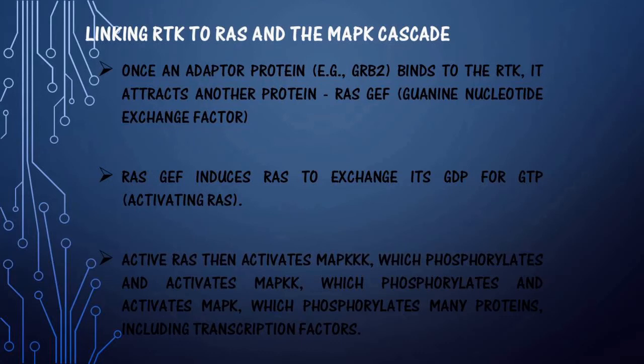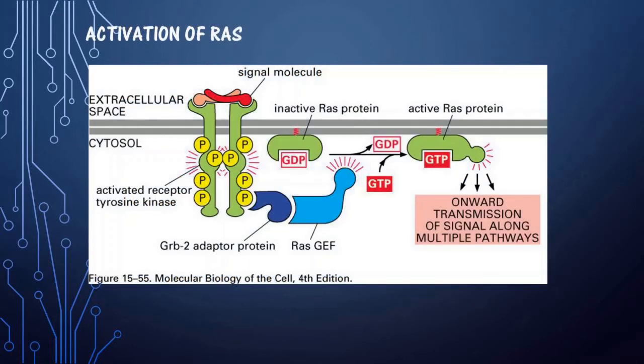The active RAS then activates a MAP kinase kinase kinase, which phosphorylates and activates a MAP kinase kinase, which again phosphorylates and activates MAP kinase, which in turn can phosphorylate many proteins, including transcription factors. It's a cascade system with continuous phosphorylation. This is the process of activation of RAS.